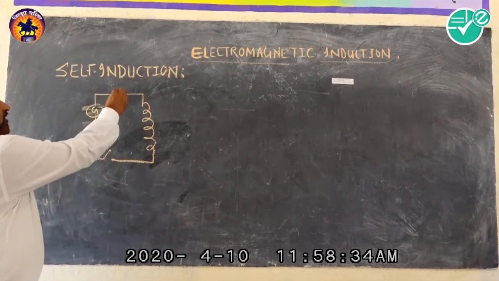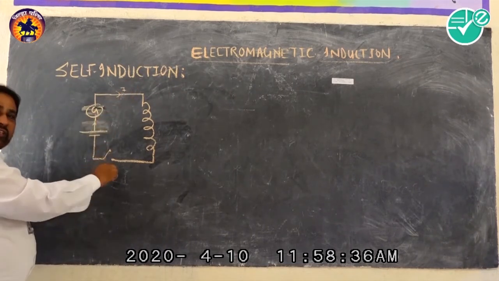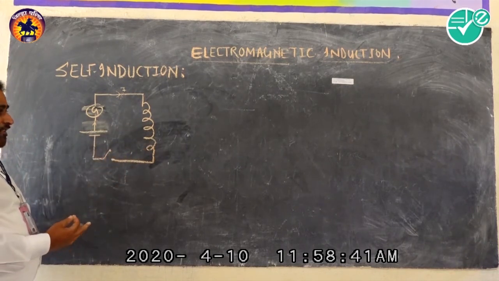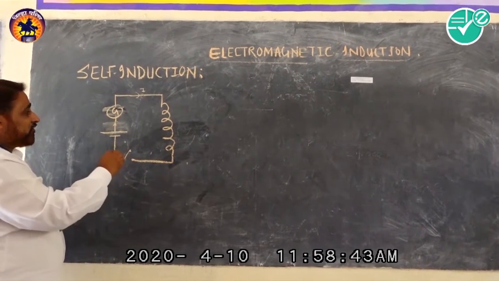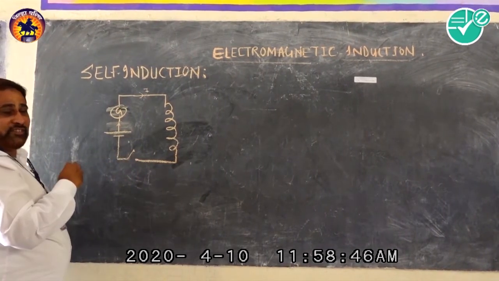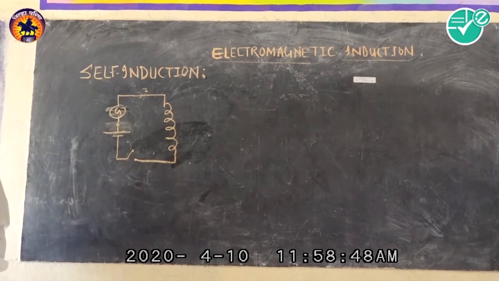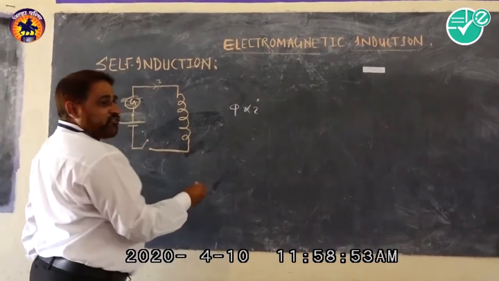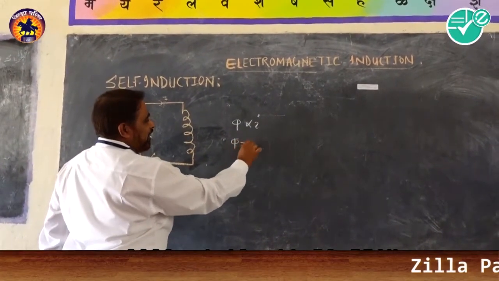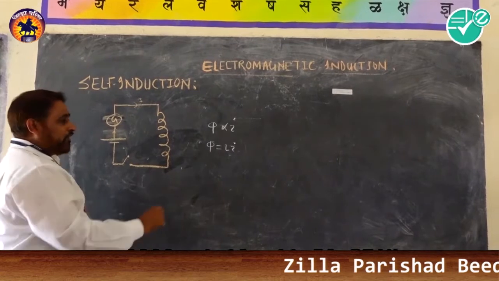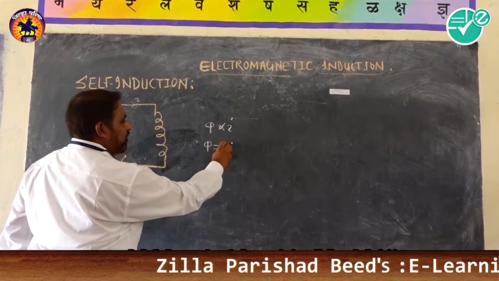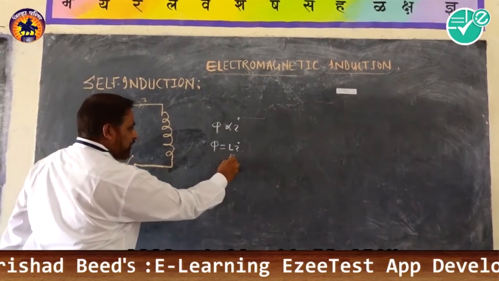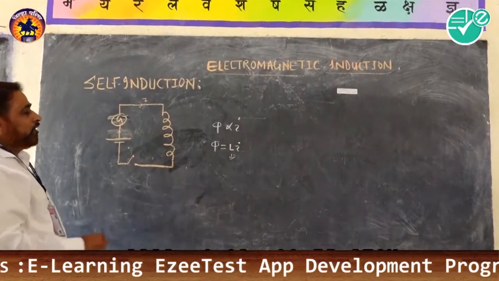If current passes through the circuit, then if you increase the current, the flux associated with the coil will increase. If you decrease the current, the flux associated with this coil will decrease. That implies that phi is directly proportional to I. Means phi is equal to L into I, where L is a constant, called the coefficient of self-inductance. Now we shall proceed.